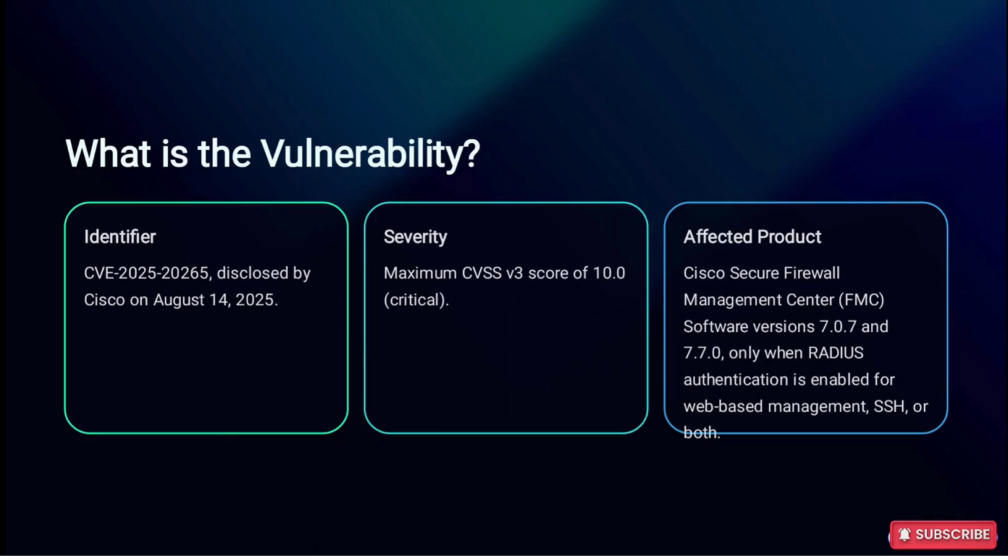The affected product is Cisco Secure Firewall Management Center software, versions 7.0.7 and 7.7.0, only when RADIUS authentication is enabled for web-based management, SSH, or both. These are the products that become vulnerable.